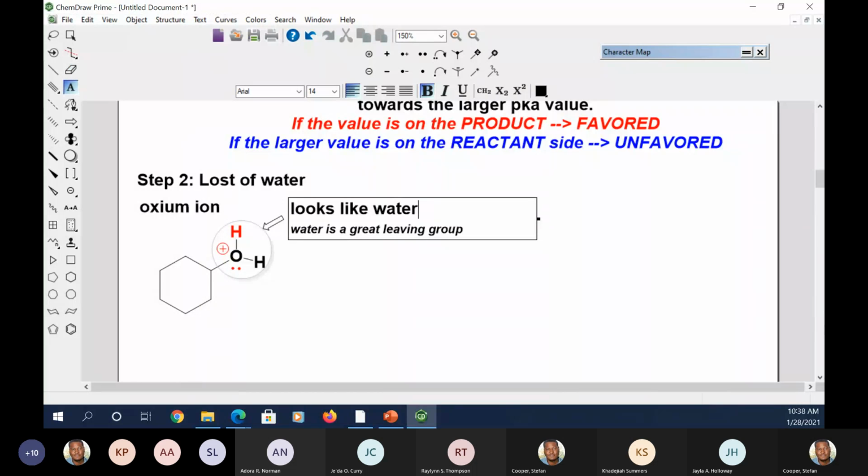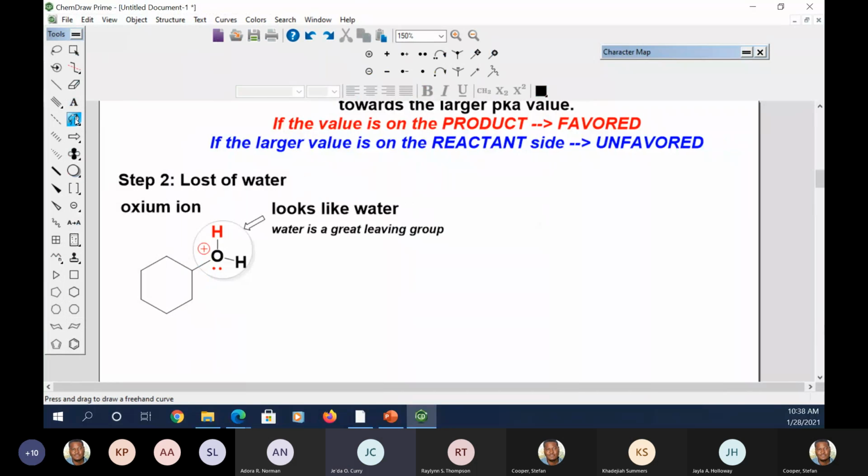All right, so let's knock off our leaving group. How do I do that? Heat is going to do it definitely in the flask, but I want to show the curved arrows. I'm going to start my arrow at the bond between carbon and OH. I start here, and I have my arrow end on the oxygen.